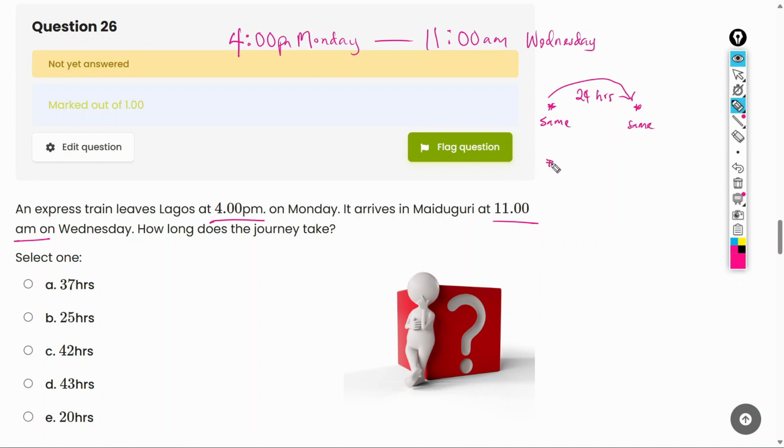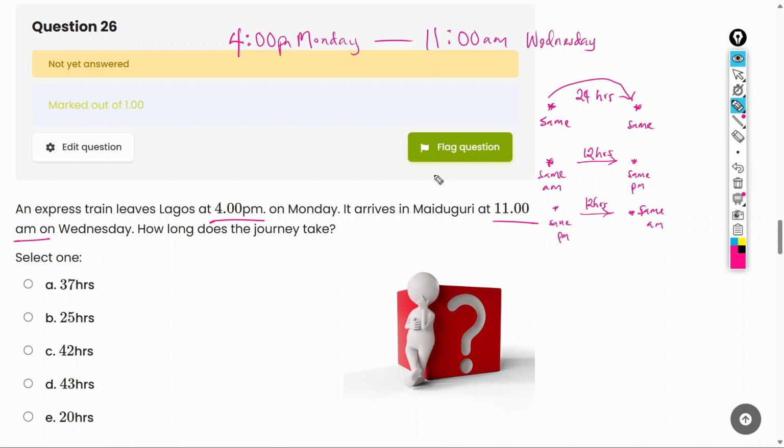Also, from the same time in AM to that same time in PM on the same day is 12 hours. Also, from the same time in PM to that same time, the same day in AM, that is 12 hours.